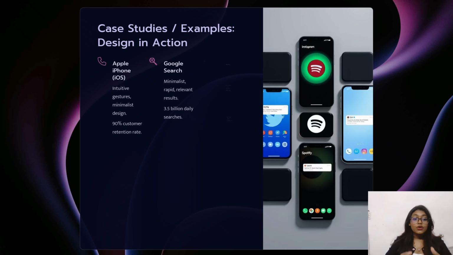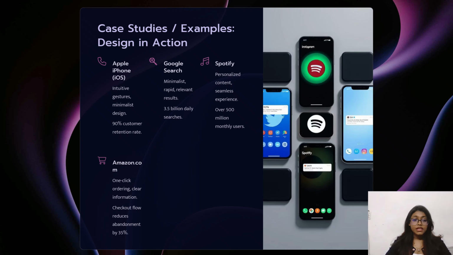Let's look at how good design works in real life. Take the iPhone for example. Its interface is so intuitive that people rarely need a manual. Features like gestures and clean layout keep users engaged, and that's why Apple has such high customer retention. Then there is Google Search, super minimalist but extremely powerful. It delivers just what you need.